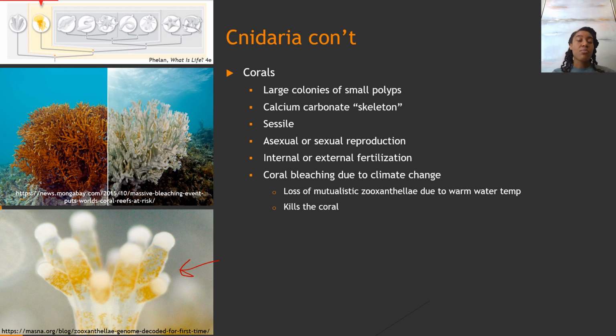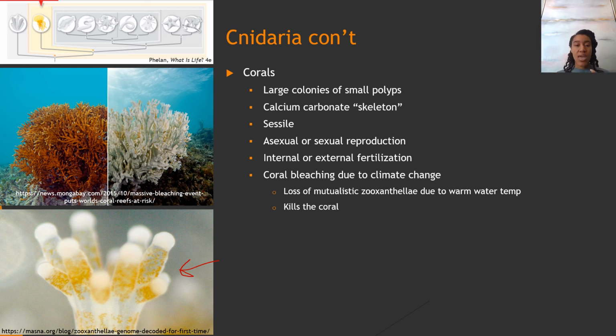Something really important to note about corals is this phenomenon called coral bleaching. Coral bleaching is when a coral will lose all of its color and it will die. And this is being attributed to climate change.